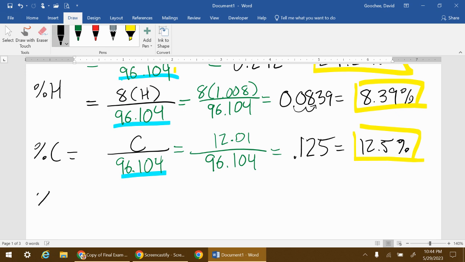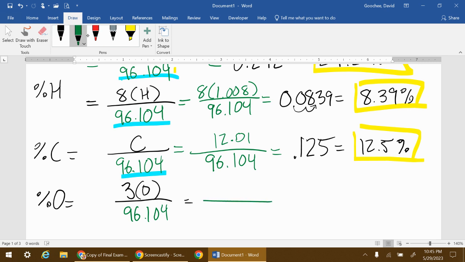The last substance in here is, what percentage of this is oxygen? Well, this has 3 oxygens divided by the total mass, 96.104. So that's 3 times 16, that's the molar mass of oxygen, 16.00, divided by 96.104.